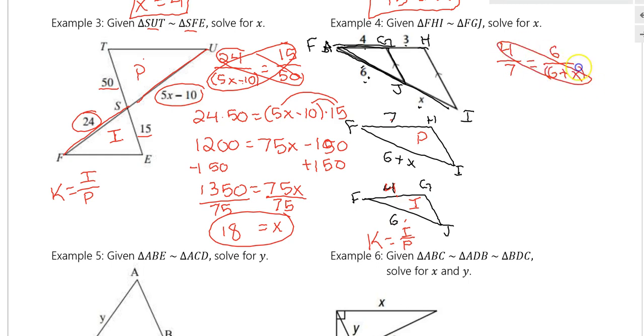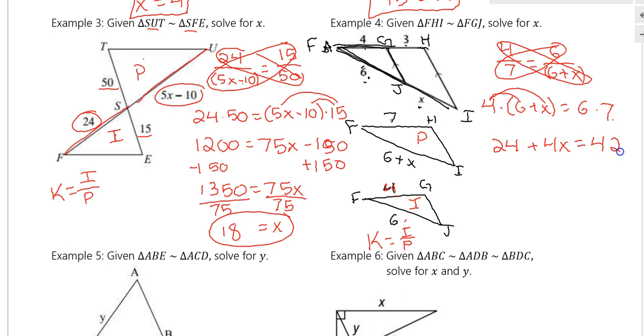Draw your beautiful parentheses, and then draw your beautiful butterfly. 4 times 6 plus X, 6 times 7 or 7 times 6, either one. Distribute: 4 times 6 is 24, and then 4x. 6 times 7 is 42, just simplifying there.